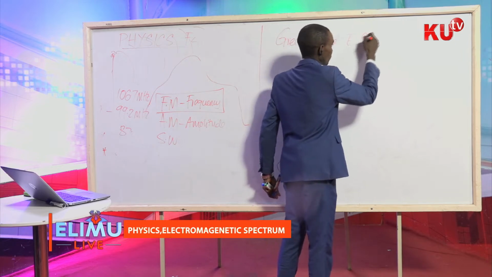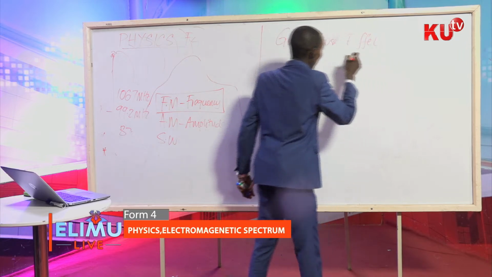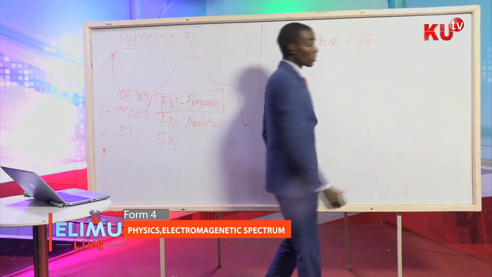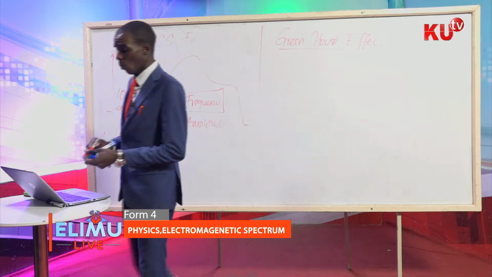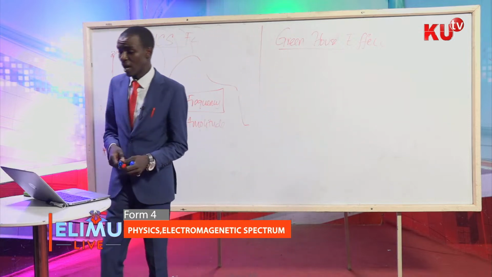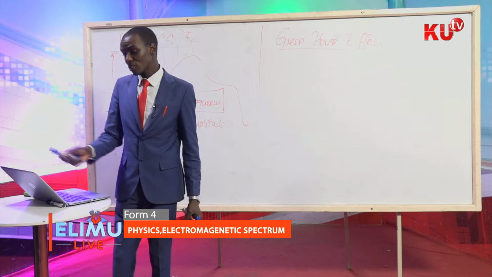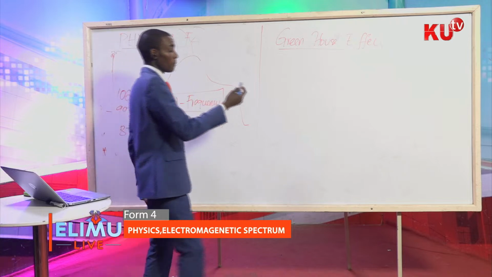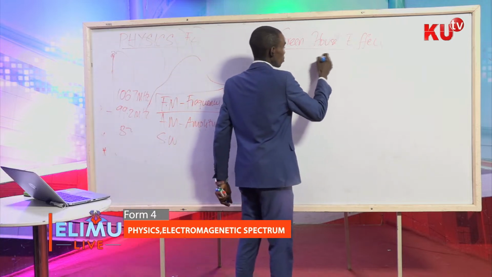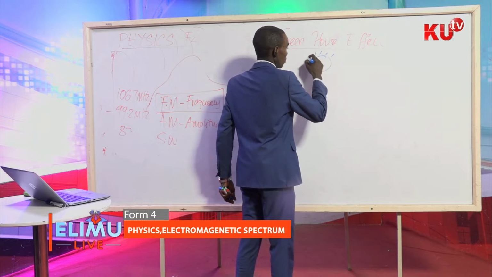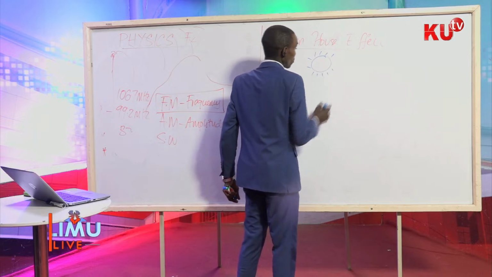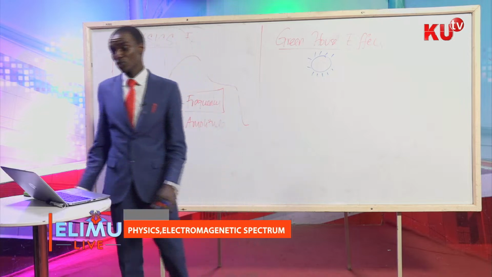Greenhouse effect. You've probably heard somebody talk about global warming, and you've never known what that means. Now, radiations coming from the sun, remember the sun is our main source of energy on Earth. So the sun is a primary source of energy on Earth.